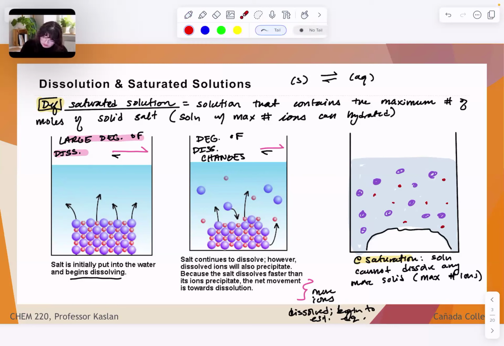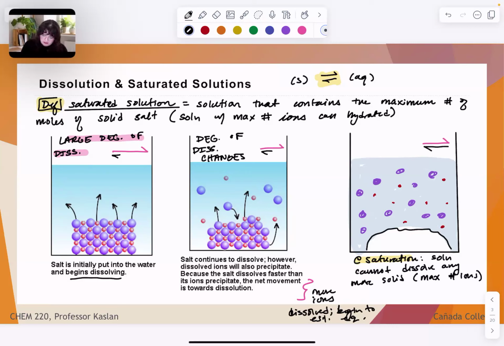Since at saturation we have hit the maximum number of ions that the solution can contain, we finally achieve a state of equilibrium between the solid phase and the aqueous phase, meaning the rate of the forward and the rate of the reverse process are equivalent. For everything that is dissolved or dissociated, there's a reassociation back into the solid crystalline structure.